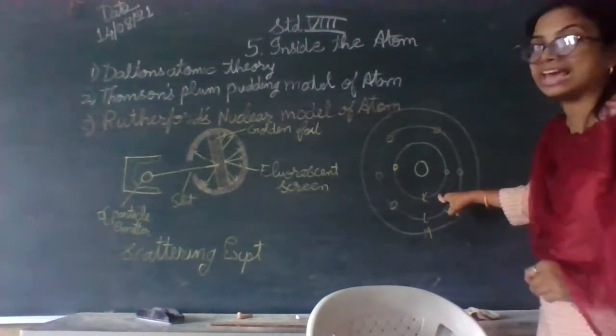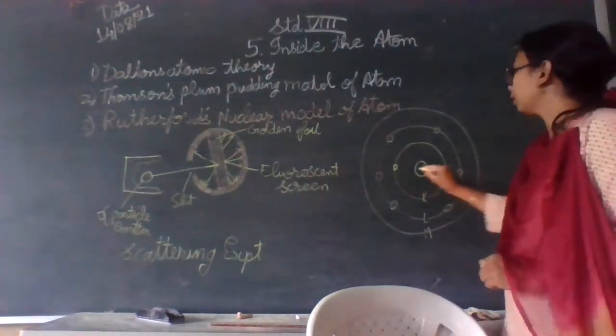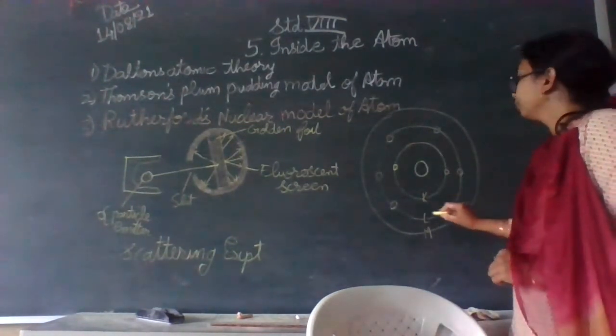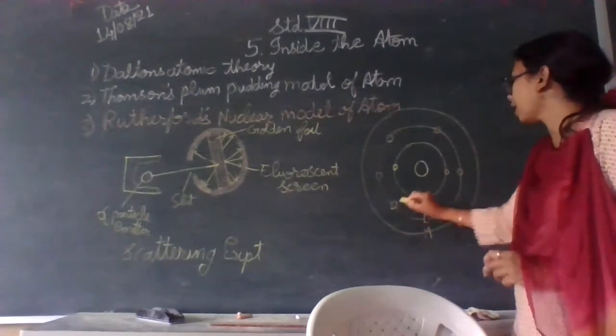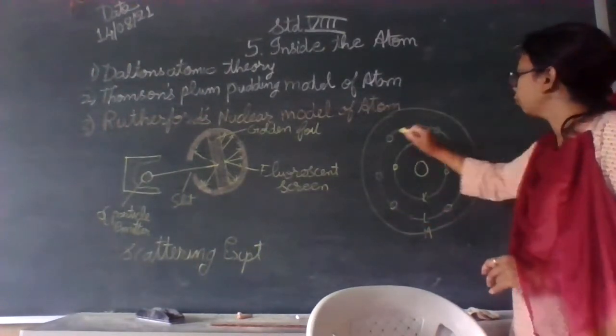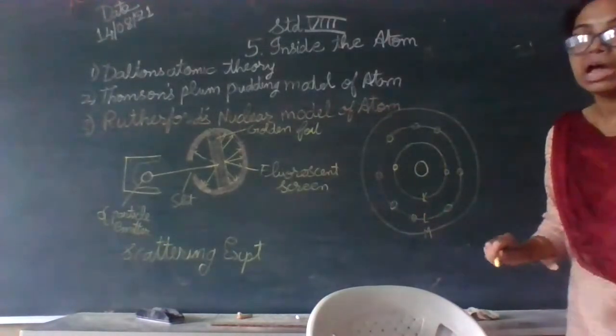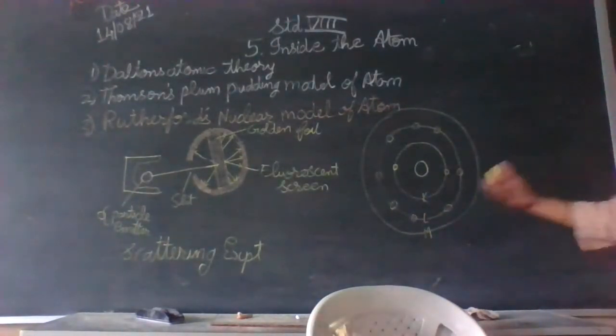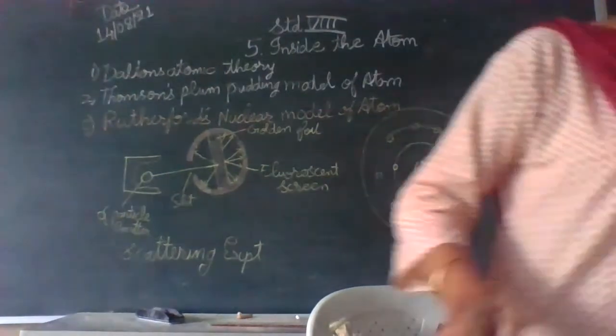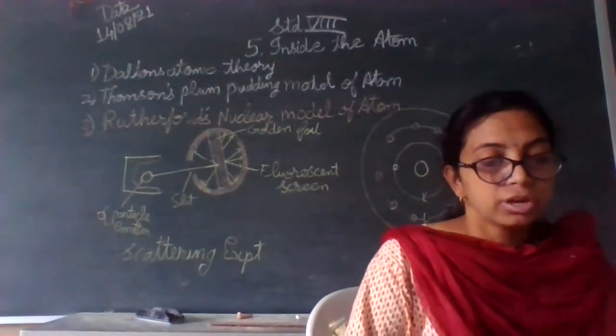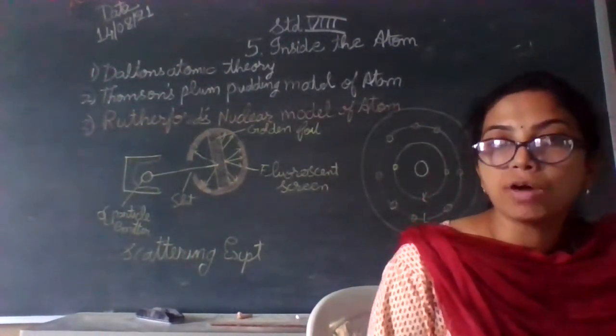This first K shell can accommodate only 2 electrons. Then the second L shell can have 8 electrons: 1, 2, 3, 4, 5, 6, 7 and 8. And then consecutively the M and N shells also can accommodate the proper number of electrons.